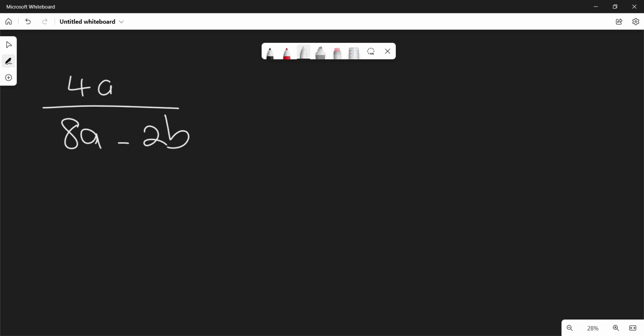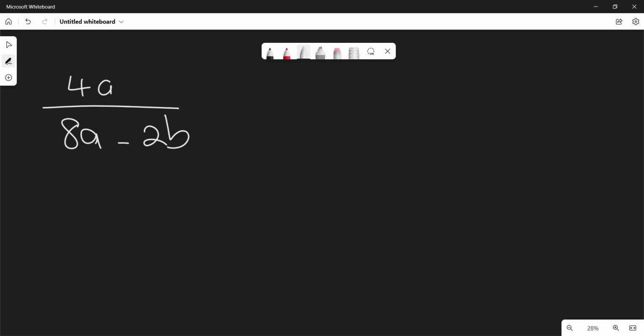Now, we just want to rewrite this fraction in such a way where a term in the numerator can be cancelled or reduced with a term in the denominator, right? Now, this and the examples after this will include factorization.